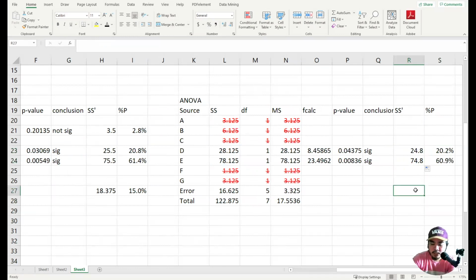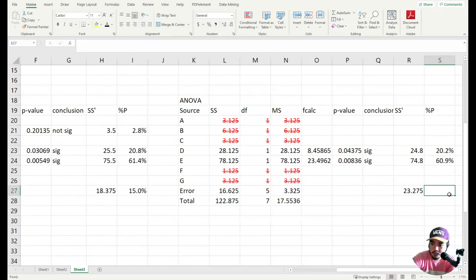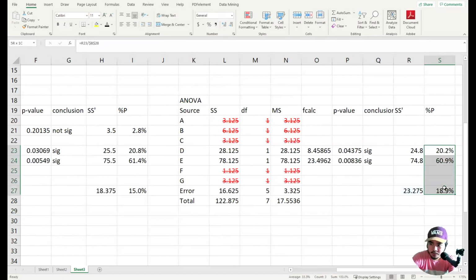Then our error equals the total minus the sum of these two values. That's my pure error. I can copy this. Then this should give me my total, which is 1. Okay, correct. If I add this up, this should be equal to 100%.